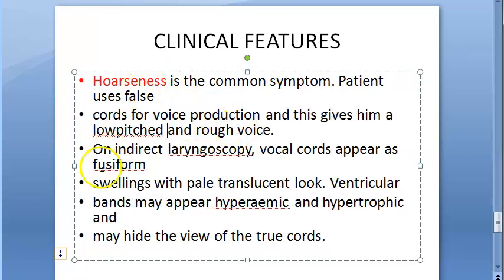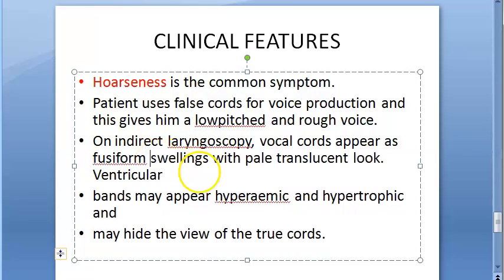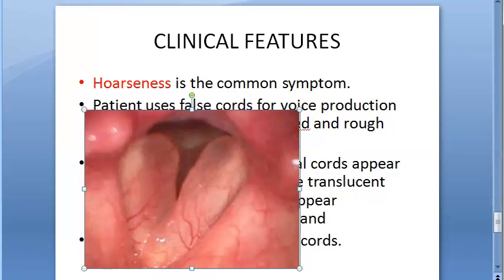Okay. So when you do laryngoscopy, the vocal cords will appear as fusiform swellings with pale translucent look. Yes, pale translucent look. Actually, in this photo, if you see, this is anterior and this is posterior, you can see that they look a little translucent, right?